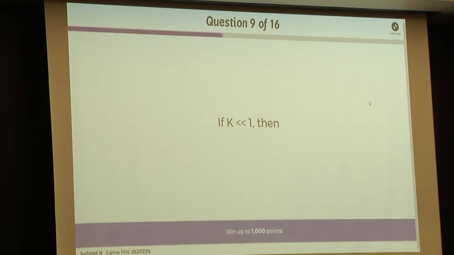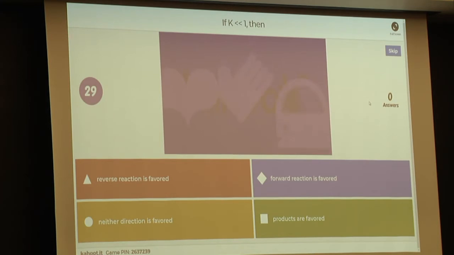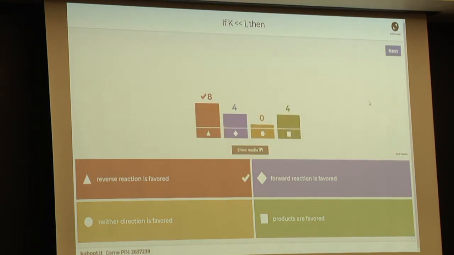All right, if K is very small in comparison to 1, then what? All right, so if K is very small in comparison to 1, then the reverse reaction will be favored. Next.